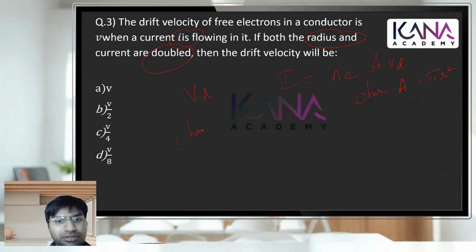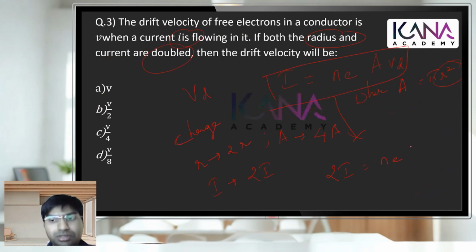So what are the changes here? R becomes 2R, then A becomes 4 times A, because it's squared. Then I becomes 2I. So the new relationship is 2I equals N e 4A v d dash.